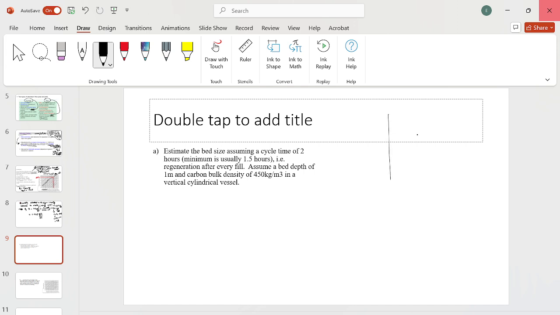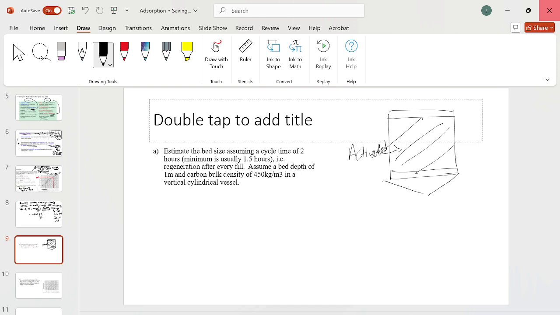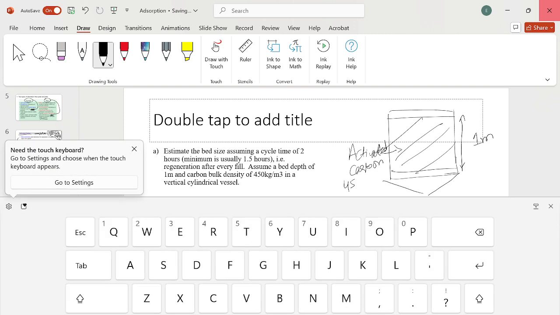So we are assuming the adsorption column bed depth to be 1 meter, and we have activated carbon here. The carbon bulk density is 450 kg per meter cube.